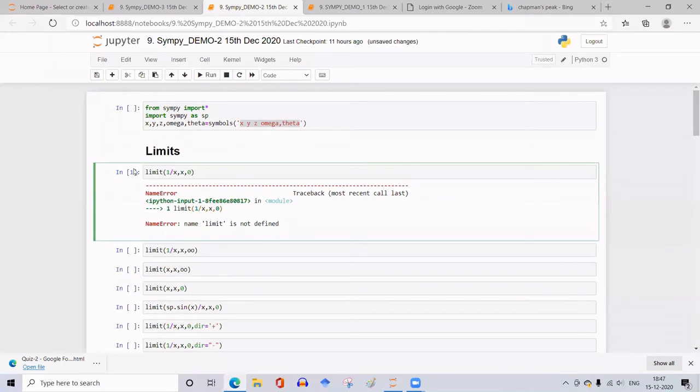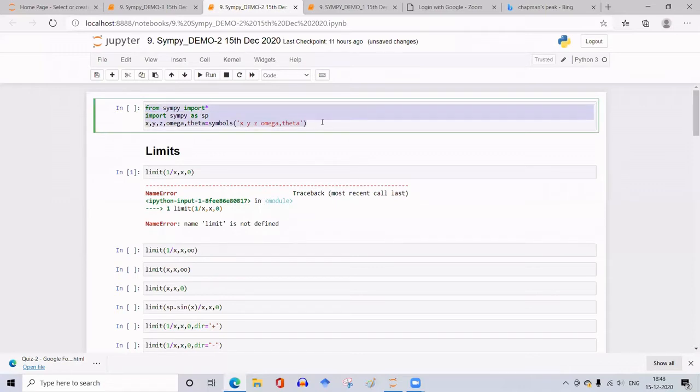Why is it not defined? Can you identify why I'm getting this error? We should define limit first. How to do that? Assign a value to it. Assigning a variable. No, this cell, did I run this cell? No, ma'am.